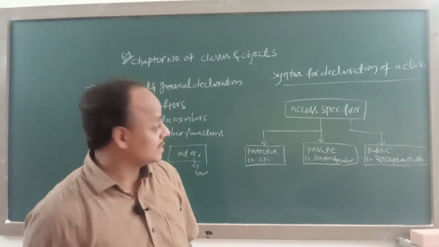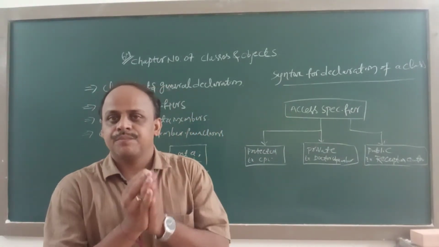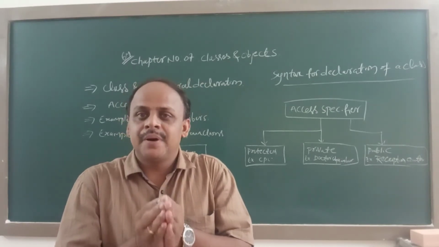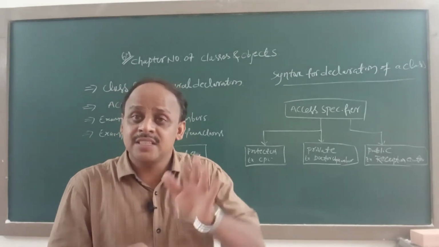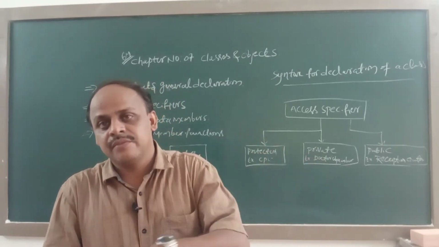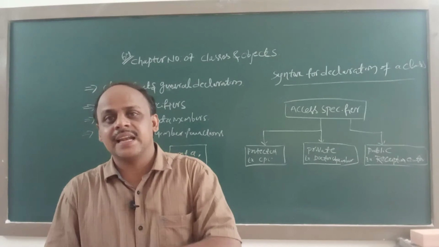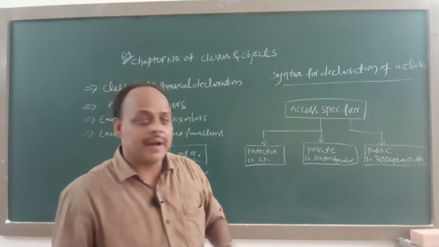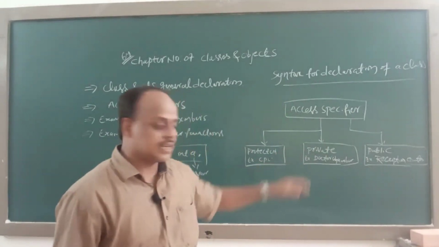That thing is going to be decided by access specifier. Whatever members of a class are declared, that member is accessed only within the class or within the class with friend function or inside the class as well as outside the class. How to access? This is going to be handled by access specifier. Now I am going to give one general example.